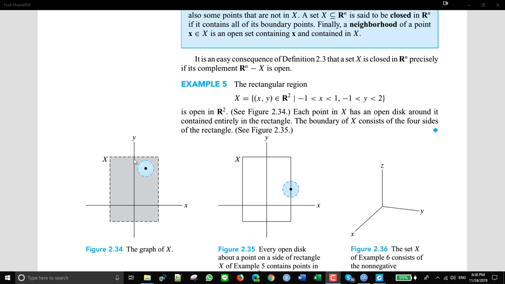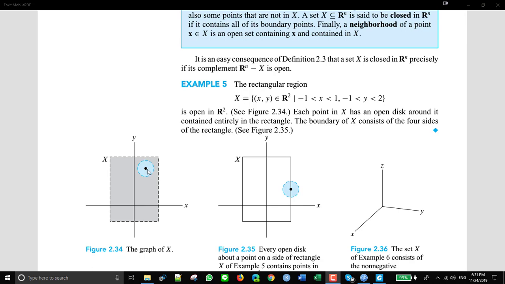So we can see that in this case we can. Now, not every open ball around this point... Can we draw an open ball around this point that is contained in X?